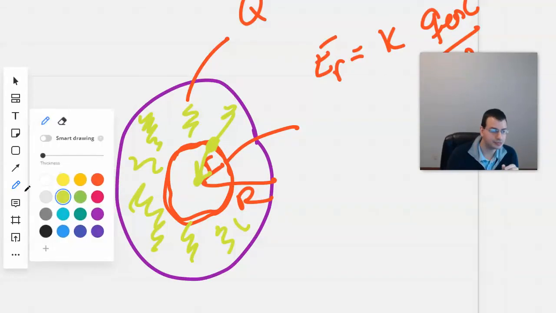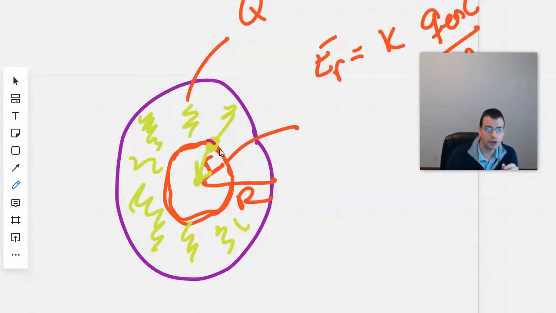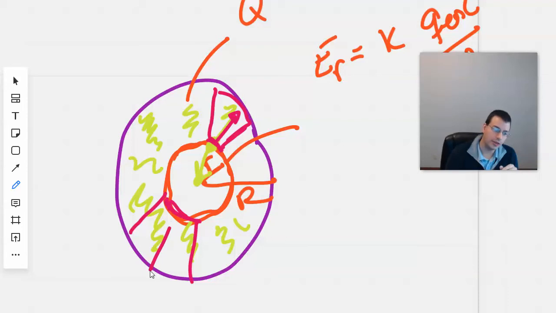But these charges here might be pulling you this direction, while these charges over here are pulling you this direction. And kind of the idea here is if you draw, that's terrible.